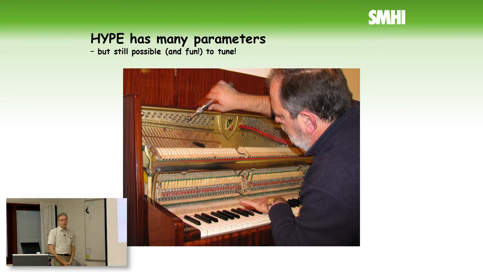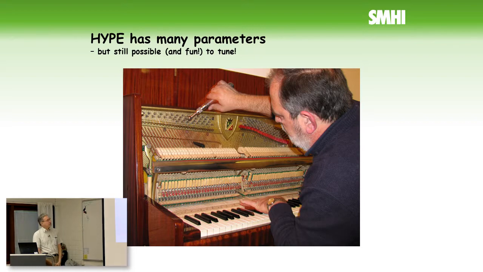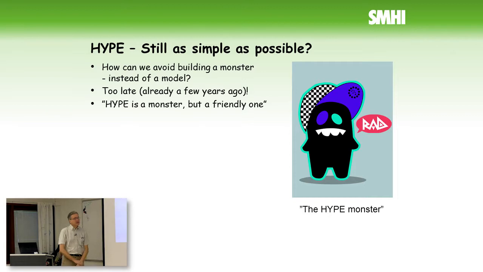So HYPE has many parameters, but it's still possible and fun to tune it. I don't know how many keys there are on this piano, but there are definitely many more parameters in the HYPE model than this. A few years ago, I asked the question, traditionally we've discussed this, how do we avoid building a monster instead of a model? And this was a few years ago, and the answer was already then, it's too late.